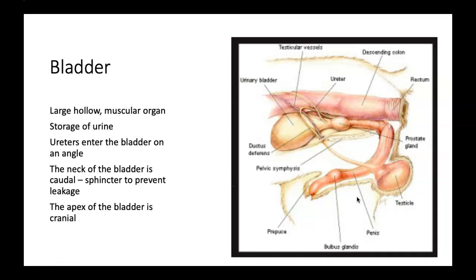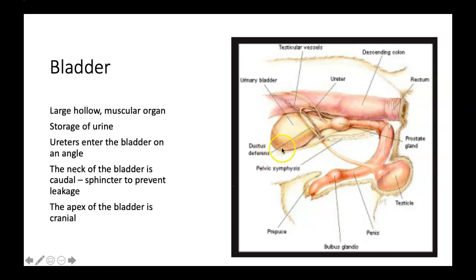So we've got urine, it's gone through the ureters, now it's making its way to the bladder, which is a large hollow muscular organ. The function is storage of urine, that's why we have bladders, and ureters enter the bladder on an angle, just as that picture demonstrated previously. The neck of the bladder is the caudal aspect of the bladder, so looking here, we've got the big bladder.